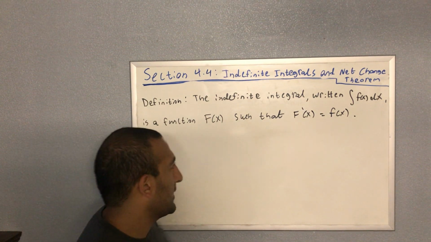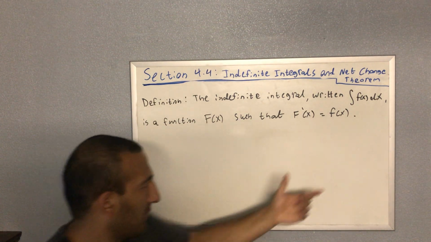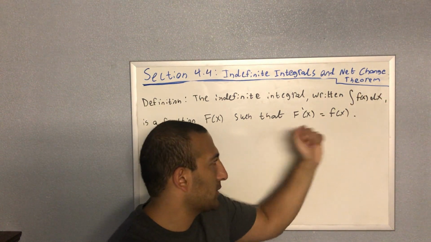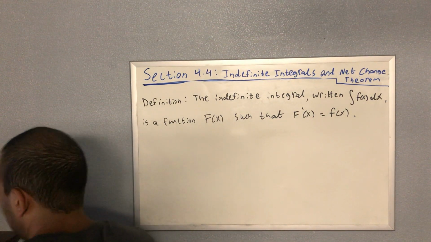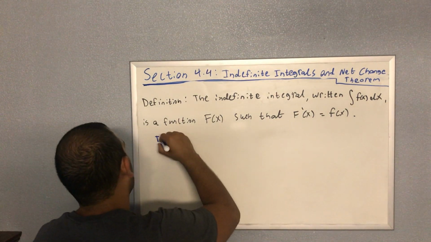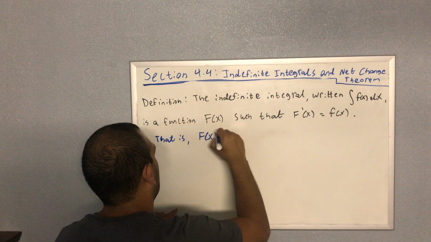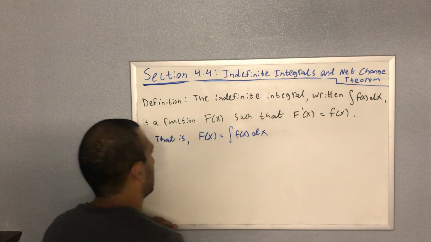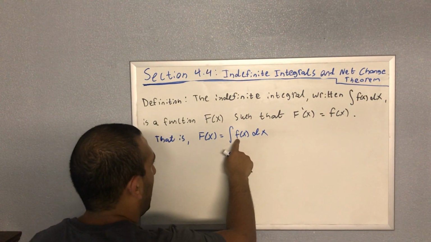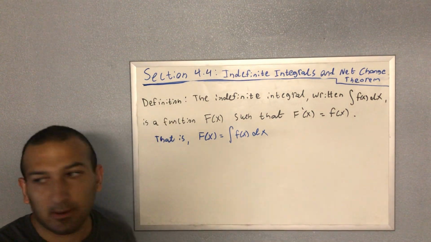Yes, it's literally the antiderivative. So if you take the derivative of the indefinite integral, you just get back the original function. This is like the takeaway: the antiderivative of f is the indefinite integral, it's capital F. That's what they're equal to.